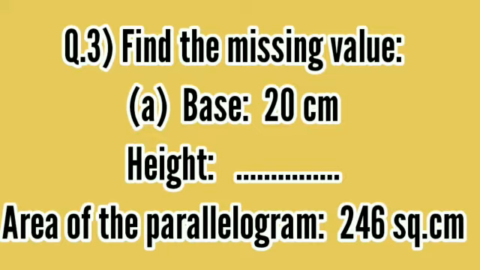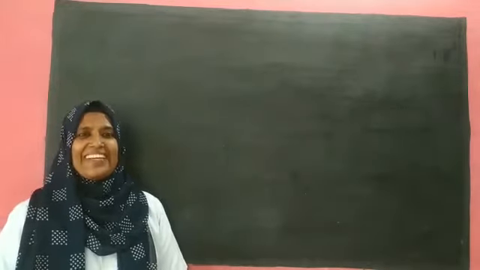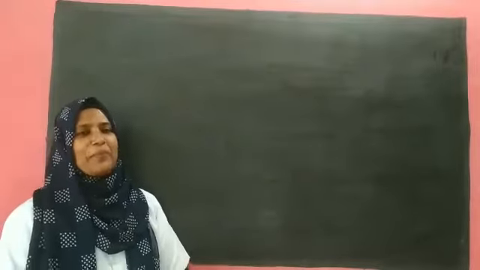Consider question number 3. Find the missing value. A. Base is 20 centimeter, height is dash, and area of the parallelogram is 246 centimeter square. Here we have to find the height of the parallelogram.